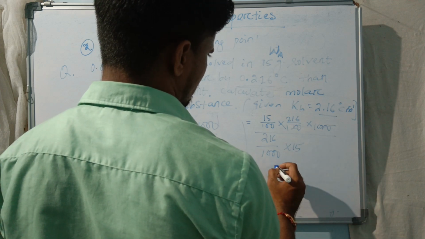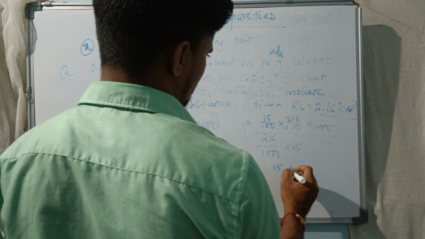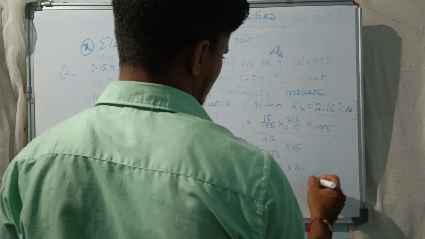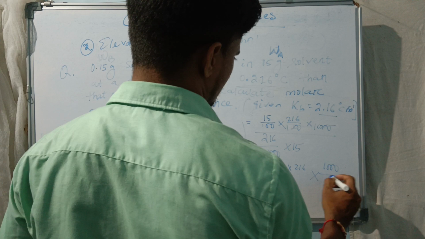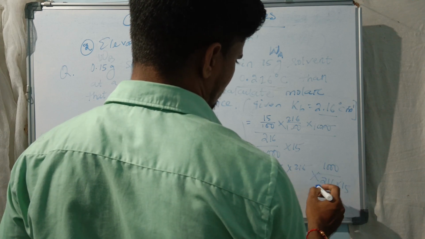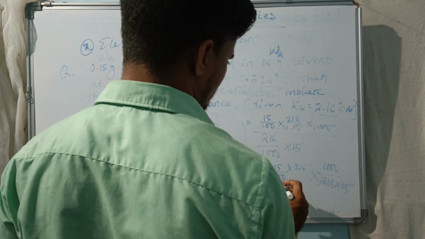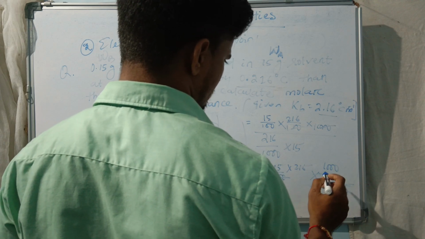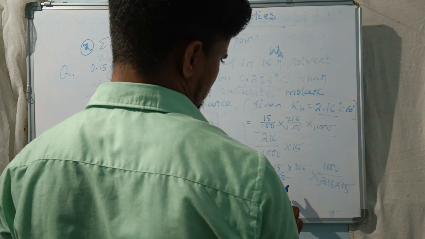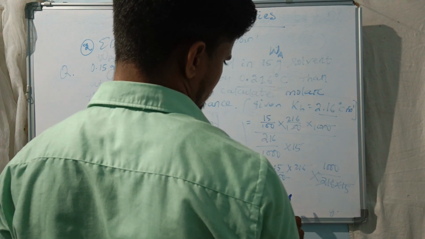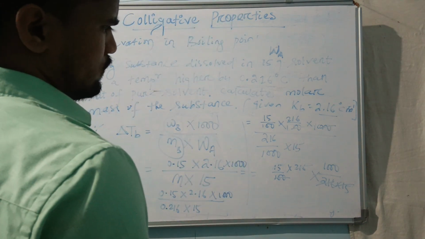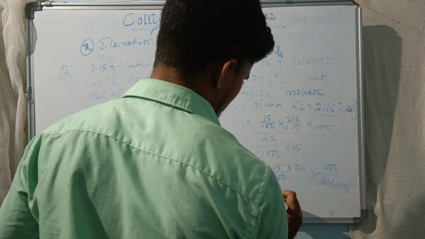Then 216 cancels out, 15 cancels out, and it comes out to 100.